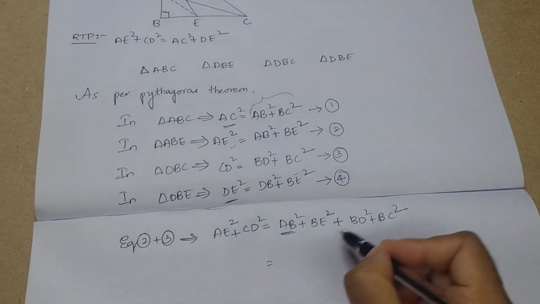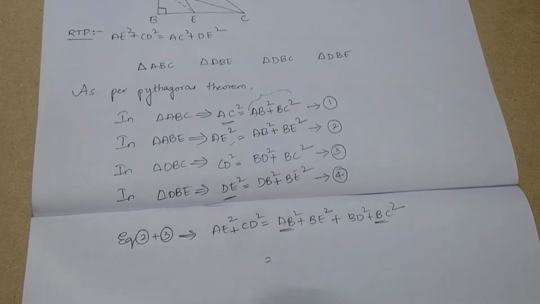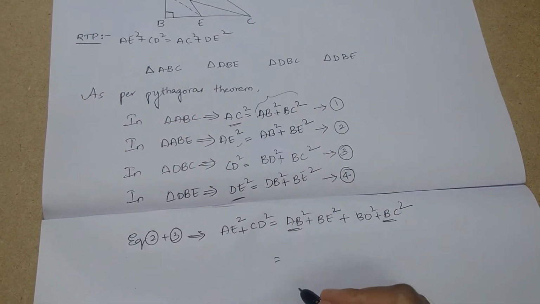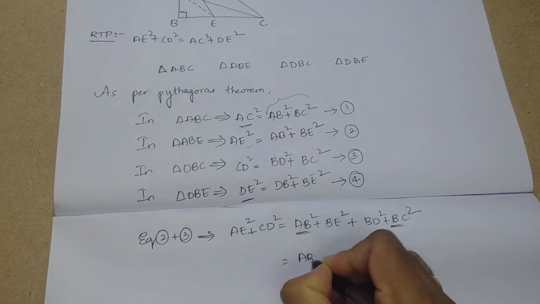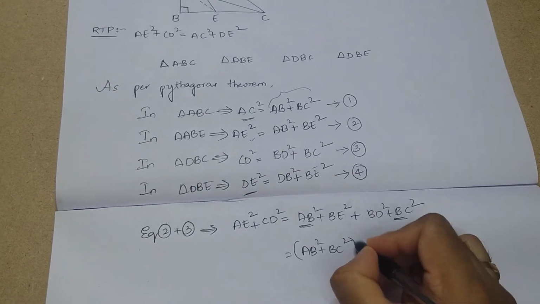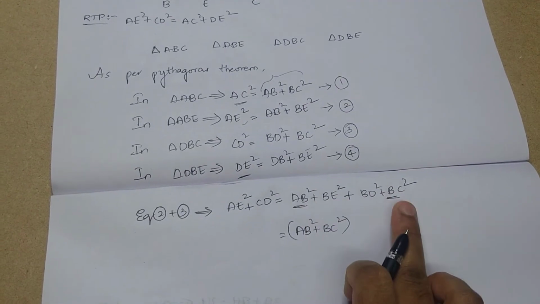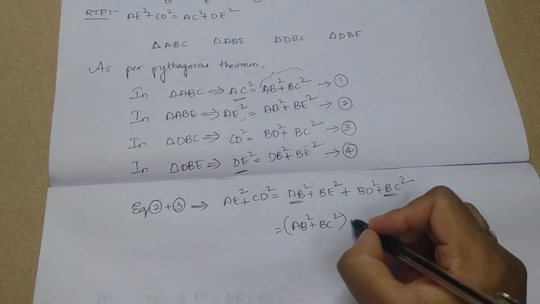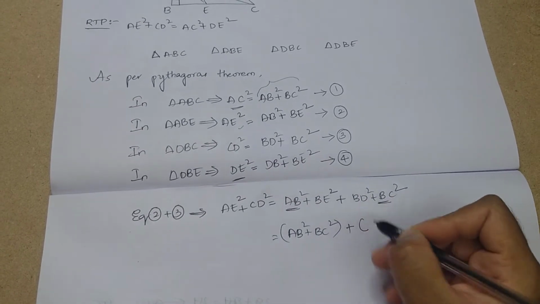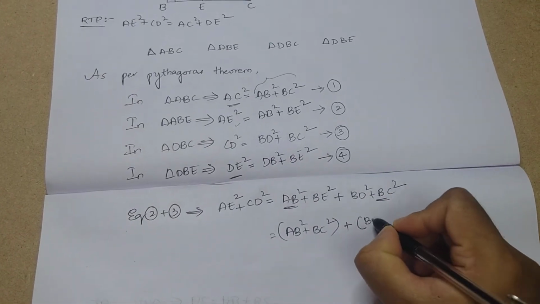Here AB square is there and here BC square is there. I will write these two at one place and put it in brackets. Okay. So AB square plus BC square, because here the operation is addition, so you can write it anywhere, no problem. After that, plus BE square plus BD square, I am writing it as usual.